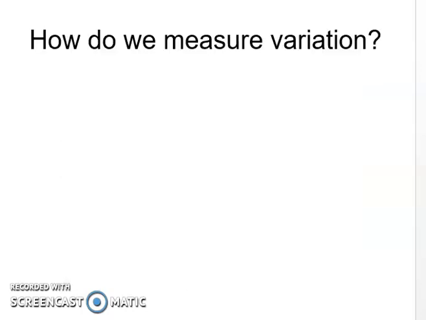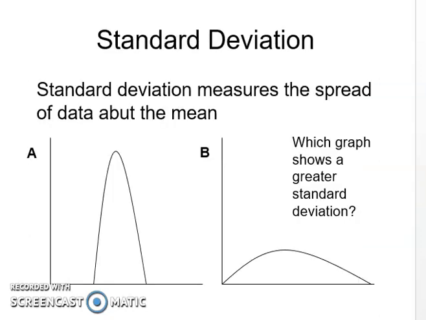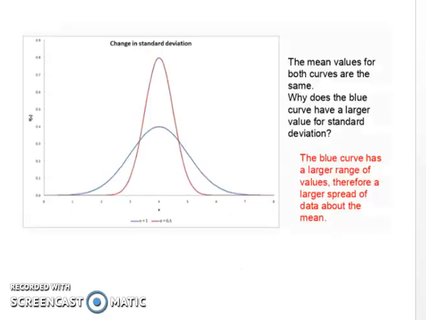Okay, next bit then. How do we measure variation? So we measure variation by a standard deviation. It measures the spread of data about the mean. If you look at these two graphs, the reason why we use standard deviation, and it's really useful, you can see that the blue and the red both have the same mean, and they both have the same extremes, as in their range is the same.